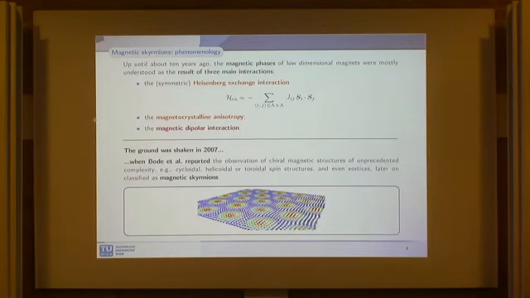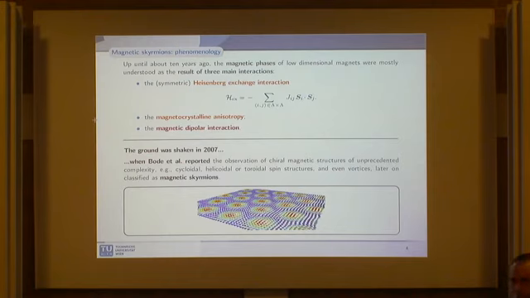So, where this Magnetism-Moriya comes from, because up until 10 years ago, they were thinking that all the possible textural magnetization that you can see in magnetic material are the result of three main types of interaction: the symmetric Heisenberg exchange interaction, which on a discrete level you can describe in this way, where Si and Sj are the spins, and Jij is a constant which weights the interaction among the spin in position i in the lattice and in position j in the lattice, and then magnetocrystalline anisotropy, and the usual magnetic dipolar interaction.